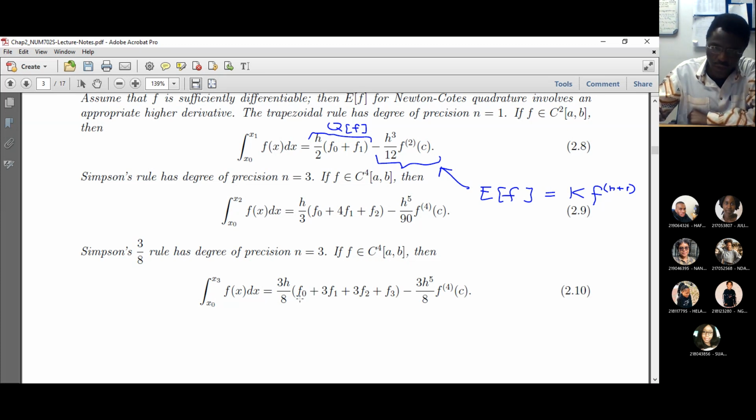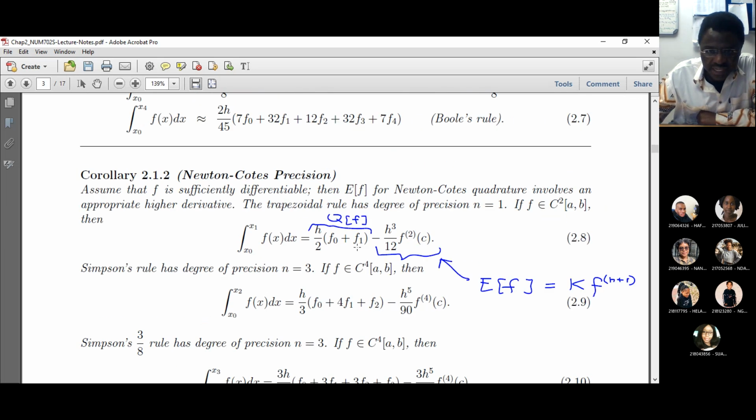That's horrible. Now, here, we count 1, 2, 3. Degree of precision, 3. Approximately equal. Back here, how many evaluation points? 1, 2. And what is the degree of precision? 1 is even less.